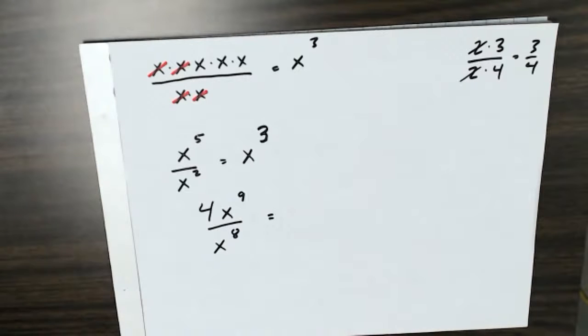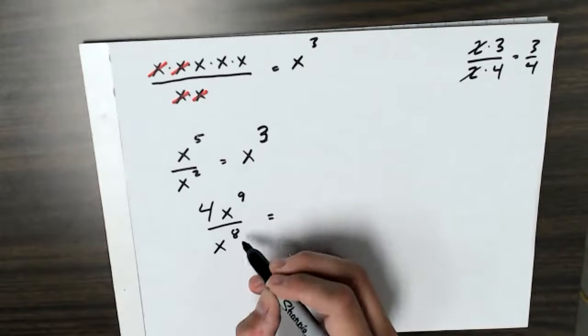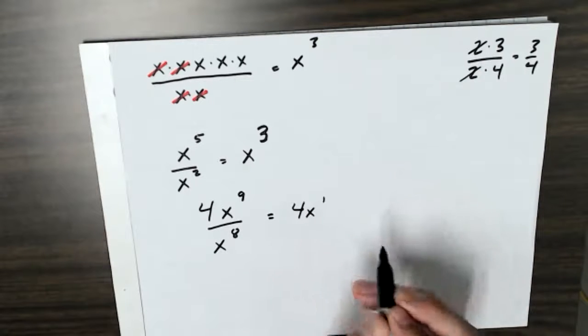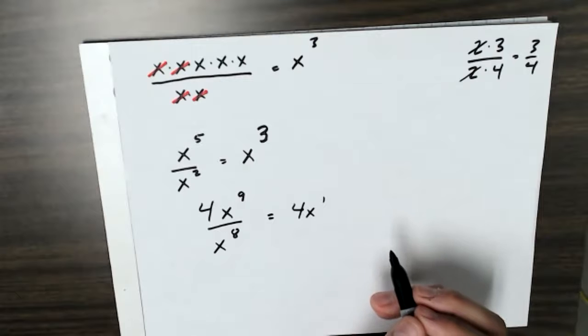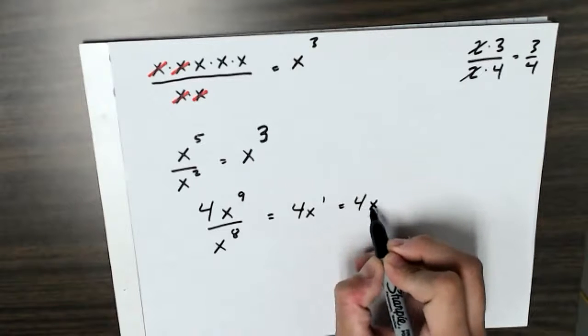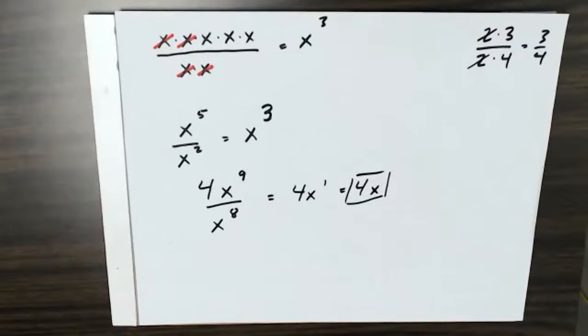There's not another number that's a base. So I'm only going to deal with these x's. 9 and 8, well, 9 minus 8 is just 1. You can write it as 4x to the 1 if you want. I'm not going to count off for it. But if it's multiple choice, they're not going to put that 1 there. Okay, just 4x. Questions? Okay, yeah, I mean, it's pretty basic.